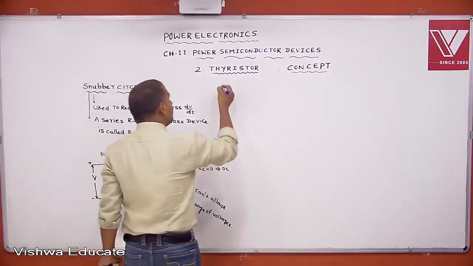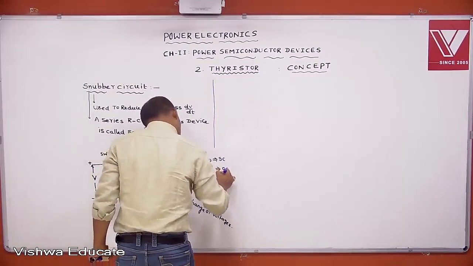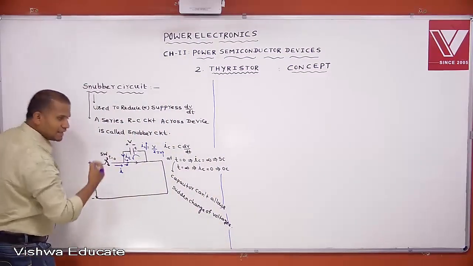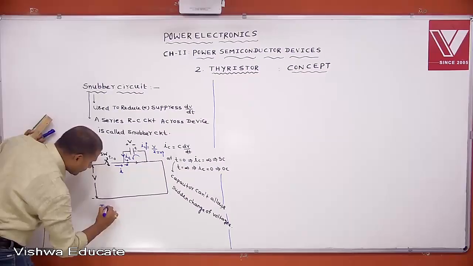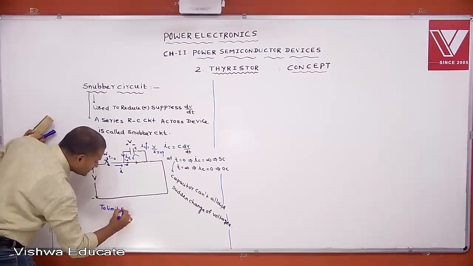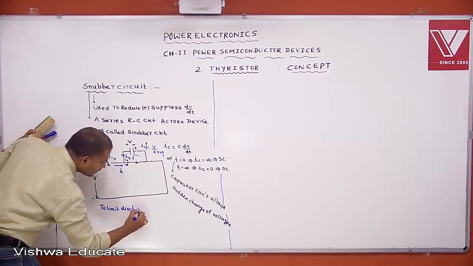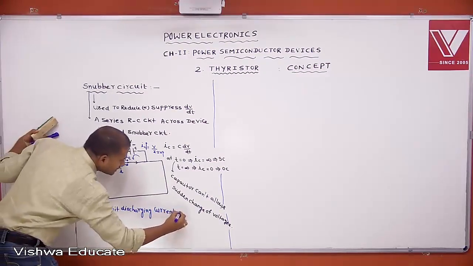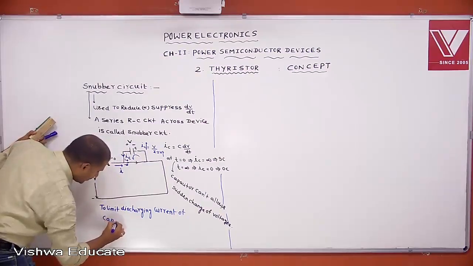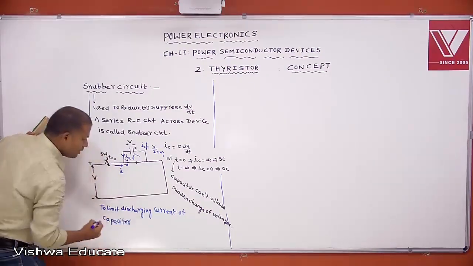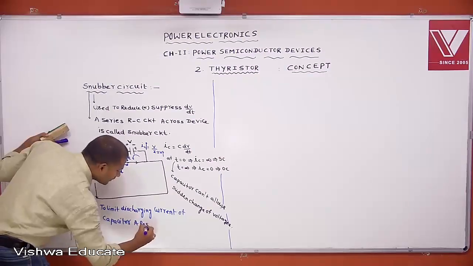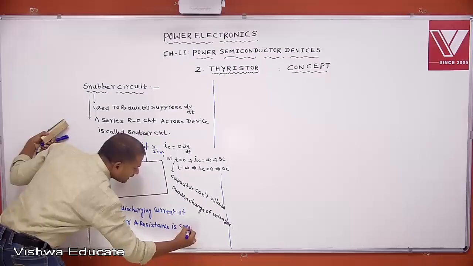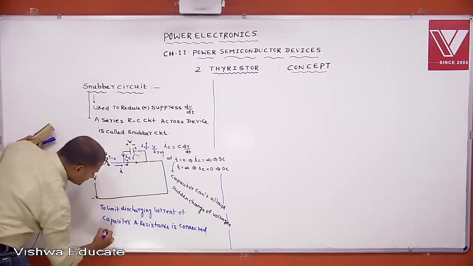Now, what you can do here? To limit the discharging current of the capacitor, a resistance is connected in series with the capacitor.